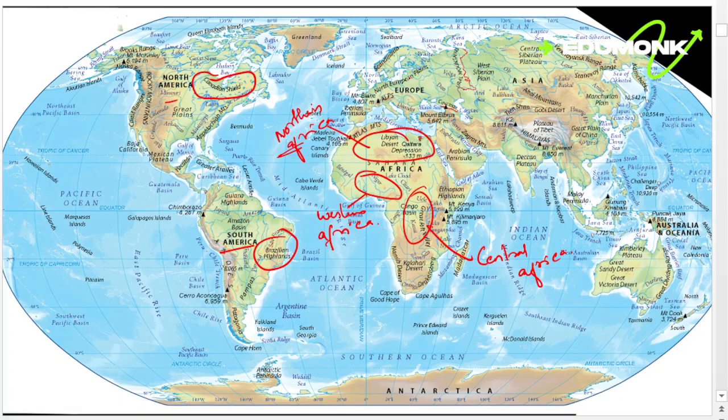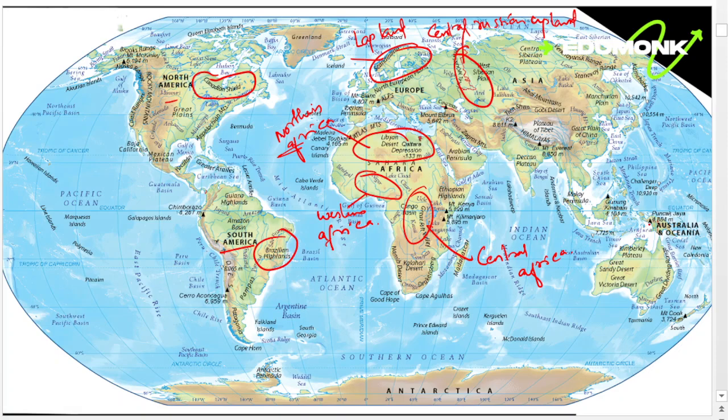Then we go to the next continent, Europe. In Europe, you can see two kinds of ancient relief features. The first one is in this region, Lapland, and here you can see the Central Russian upland. Then we go to Australia.